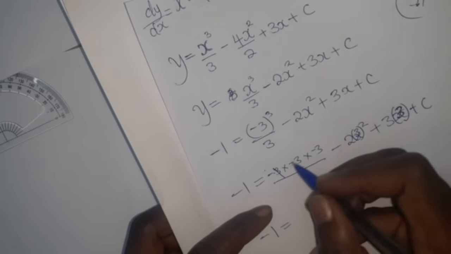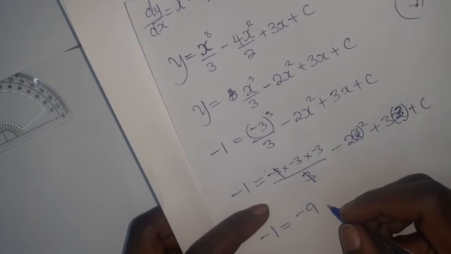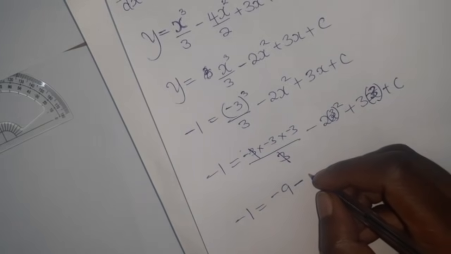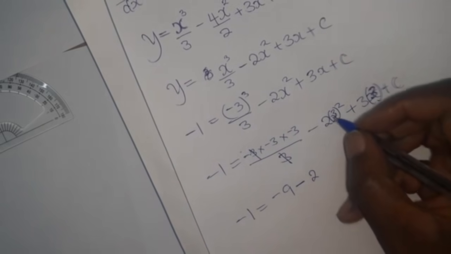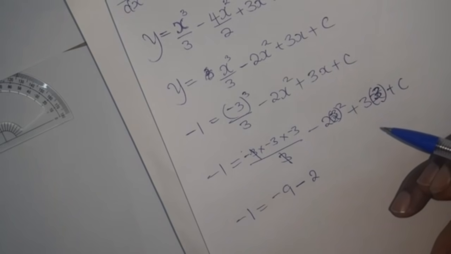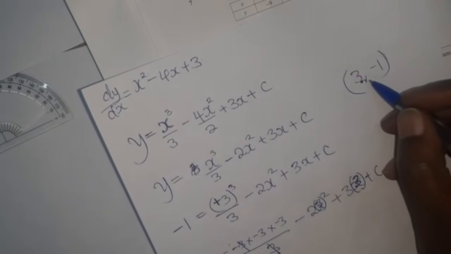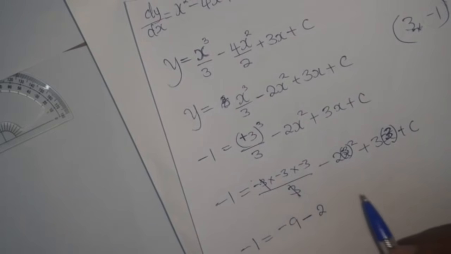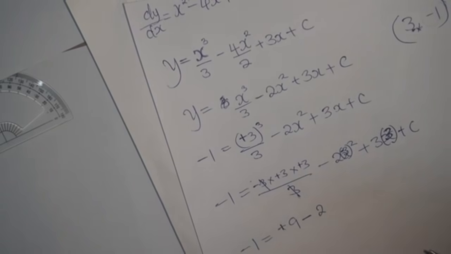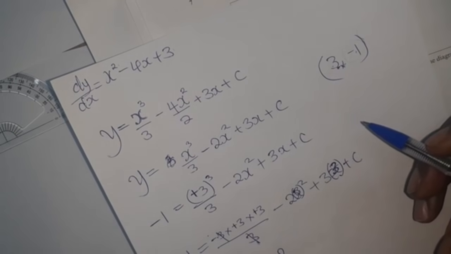Let me rewrite this part which you did not clearly see. Take note, this is a positive here. I don't know where the negative is coming from. So the negative is not there. This one is a positive.